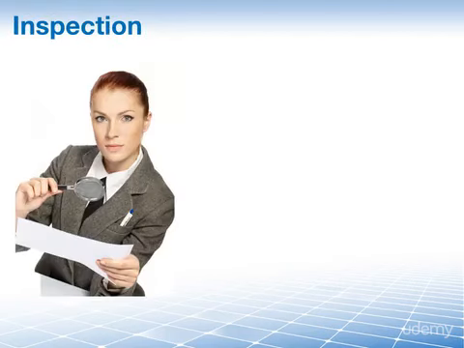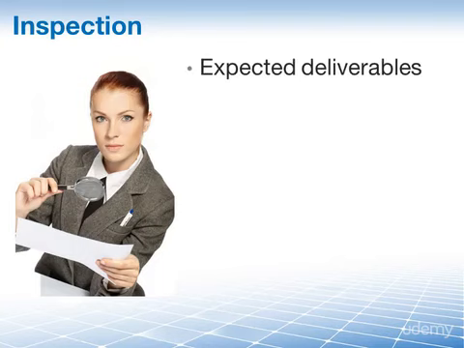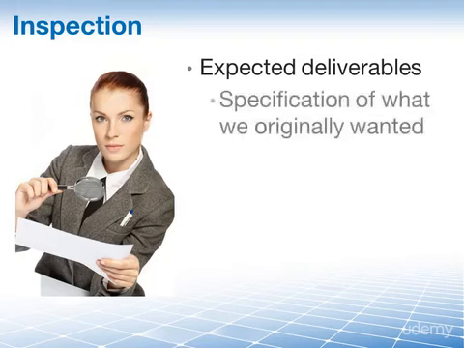As we covered in part 1 of this lesson, we are going to look at our inputs. So on one hand, we have documents that help us understand the expected state of our deliverables. In other words, we have specifications of what it was that we had originally wanted. We have this information captured in the project management plan, the requirements documentation, and the requirements traceability matrix.